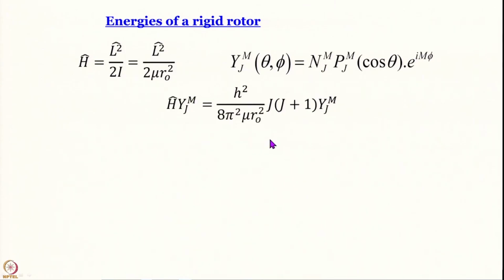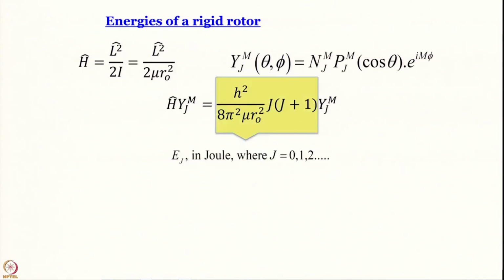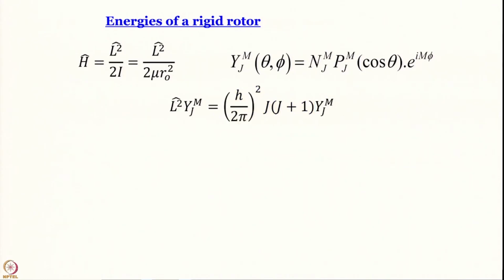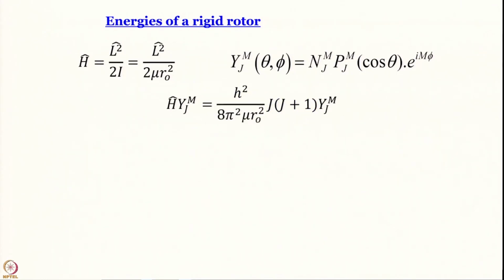Now, I simply divided by 2I. Let us go back on that a little bit. This is L square. From there we go to the Hamiltonian, and to go to the Hamiltonian I have simply divided by what we had in the denominator, 2 mu r0 square.